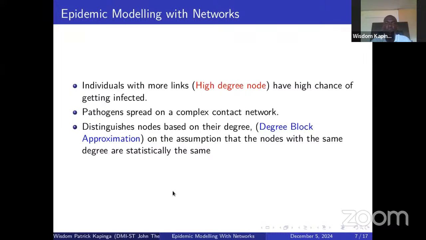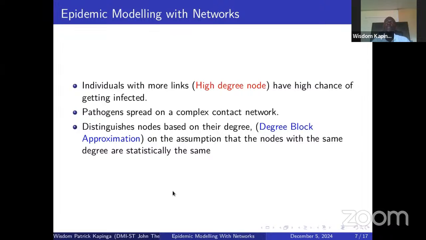Or if sometimes I'm the one carrying the pathogen, then I can spread that pathogen very quickly because I come into contact with many people. But the weakness of the models that we have seen before is that we only look at an average of contact. So if, for example, you're looking at a country to say, okay, in Malawi, what is the average of contact of people?